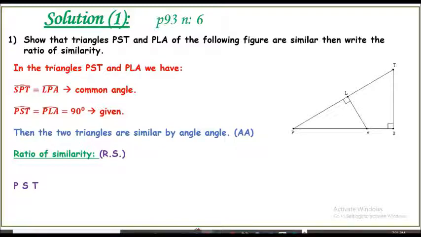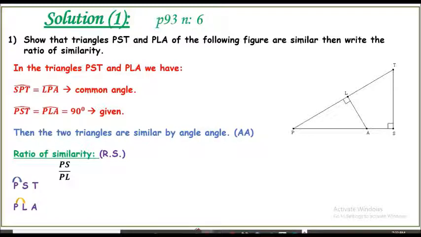It is the angle of vertex P. And the angle of vertex S is equal to the angle of vertex L. And at last, the angle of vertex T is equal to the angle of vertex A. So PST and PLA. Now, PS over PL, we take the first two letters.